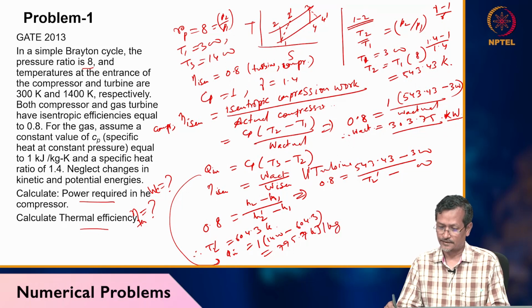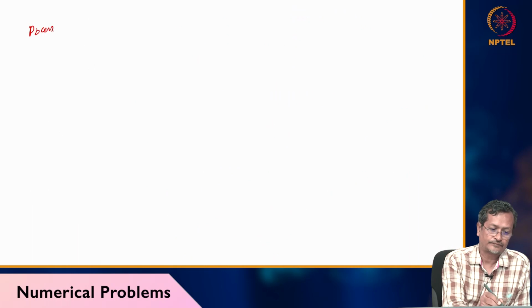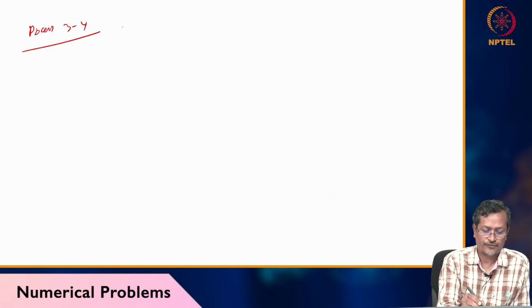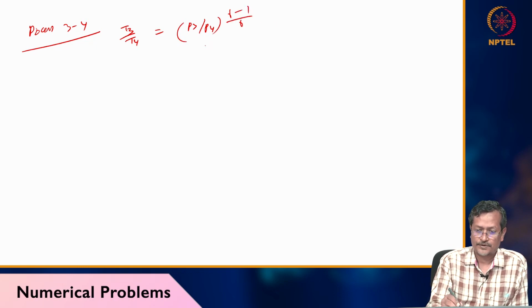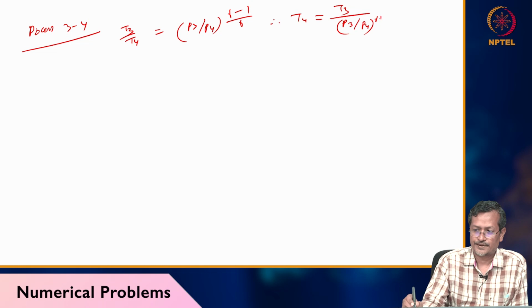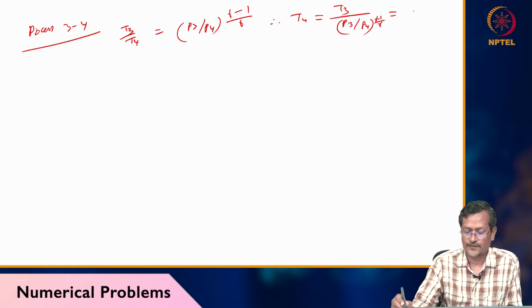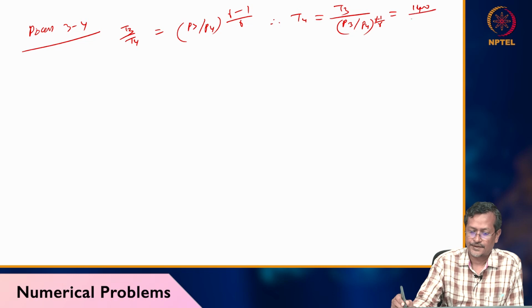Now for process 3 to 4, T3 by T4 equals P3 by P4 to the power gamma minus 1 by gamma. Therefore T4 equals T3 divided by 8 to the power 1.4 minus 1 by 1.4, which is 1400 divided by that, giving 772.86 K.